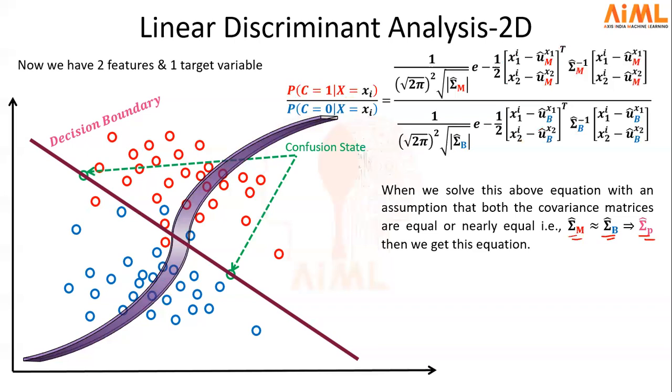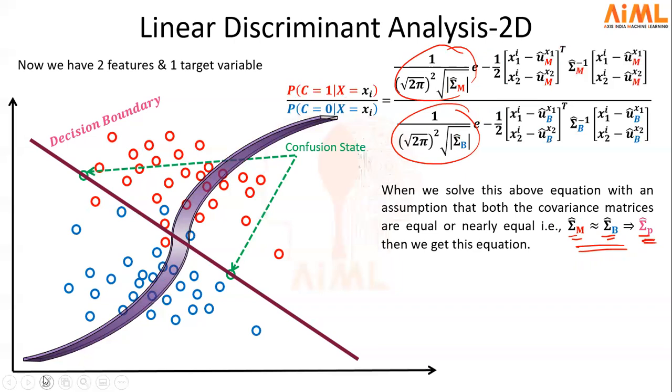But here, unfortunately, we don't have variance, we have covariance matrices. So that is what we are doing here. We are making both covariance matrices almost equal to something called the pooled covariance matrix. And when we apply this assumption, these two terms will get cancelled and we'll be left with only the exponential terms, or exponent terms.